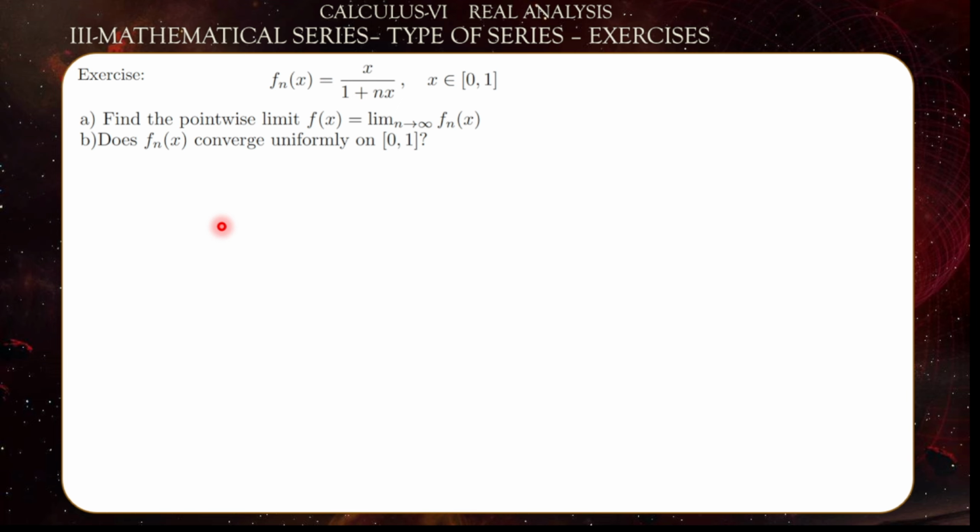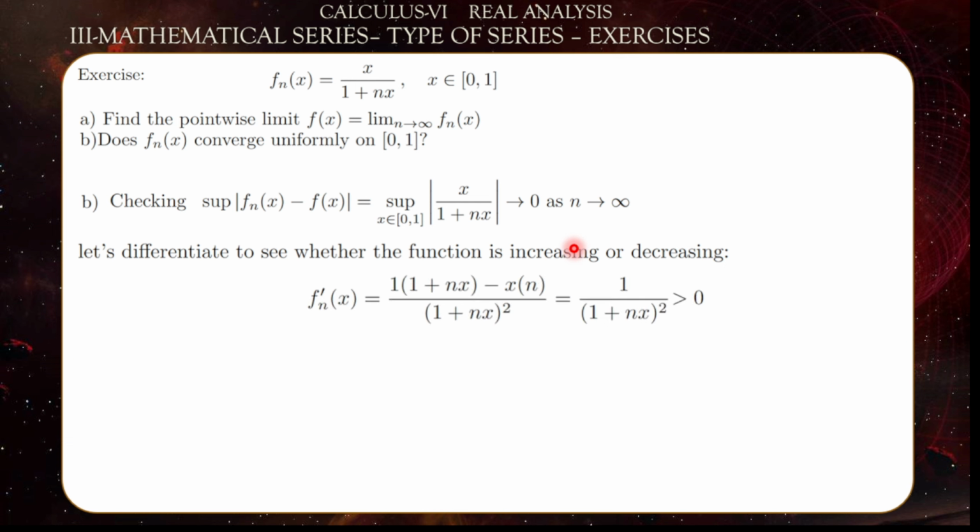So, for uniform convergence, at first we need to check the sup, the maximum of the difference between f_n(x) minus f(x), which is the sup of x divided by 1 plus nx minus f(x), which is 0 as we evaluated in the previous solution. So the sup of the absolute value of x divided by 1 plus nx should be approaching 0 as n approaches infinity.